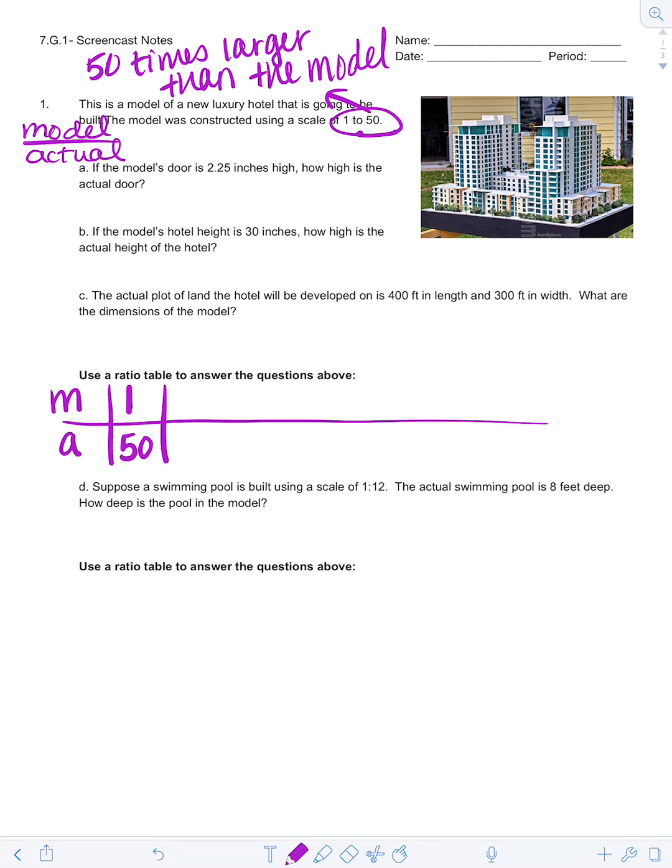All right, so let's read letter A. If the model's door is 2 2/5 inches high, how high is the actual door? We don't know the actual door, that's our unknown. But we know on the model it's going to measure 2 2/5 of an inch.